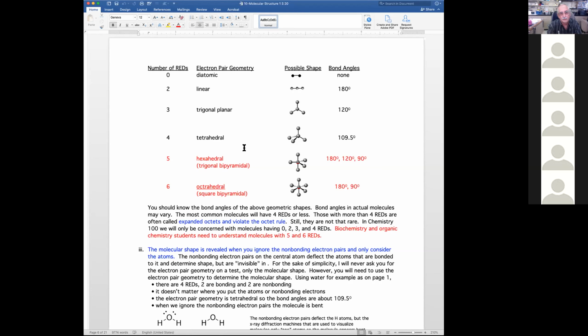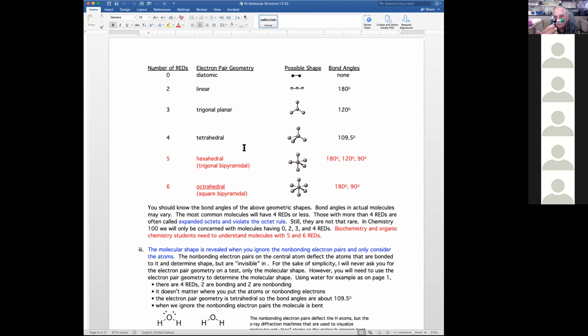Now, just for an advanced view of this, is this a symmetrical molecule? The answer is no. So that means I look at the difference in electronegativity. If the difference in electronegativity between this green one and this black one is 0.5 or greater, then that's a polar covalent bond.